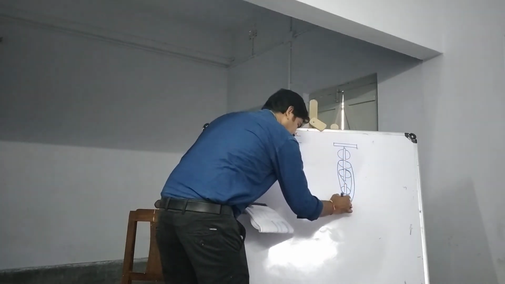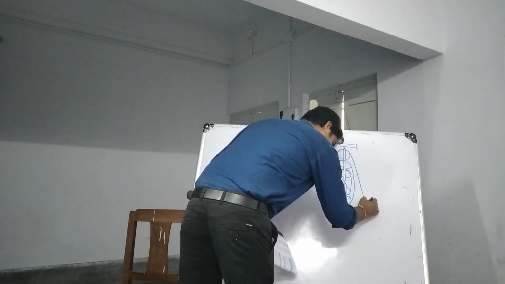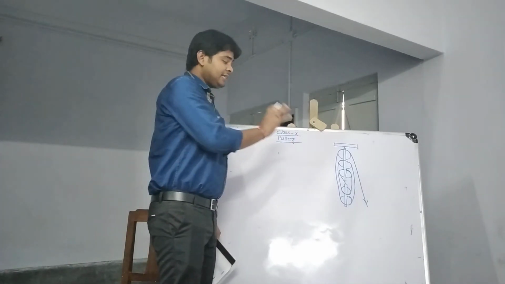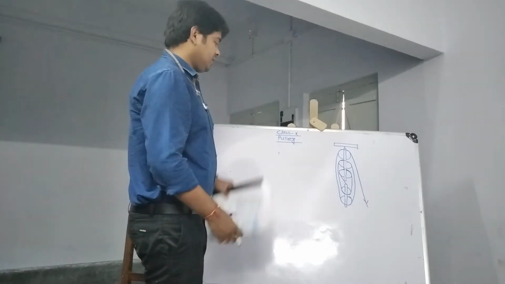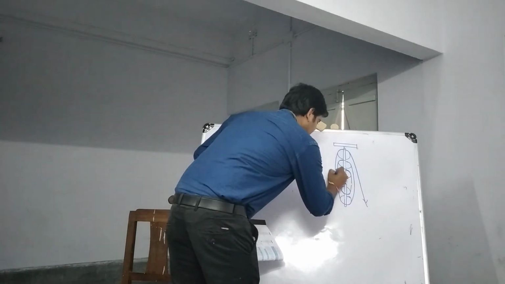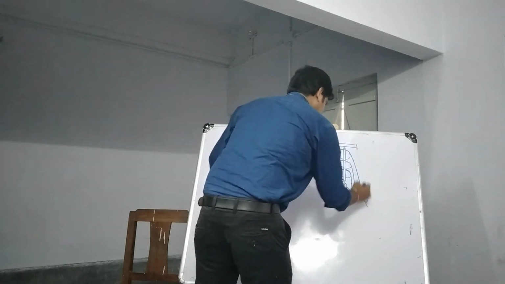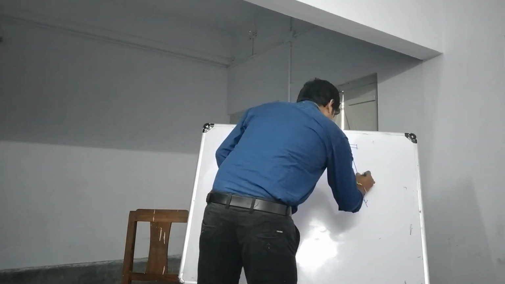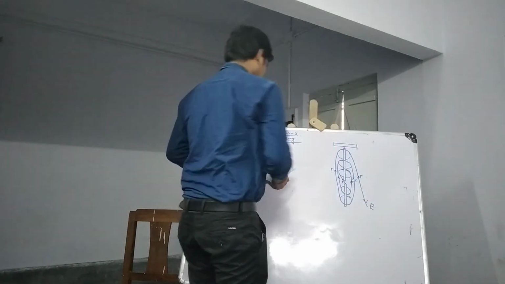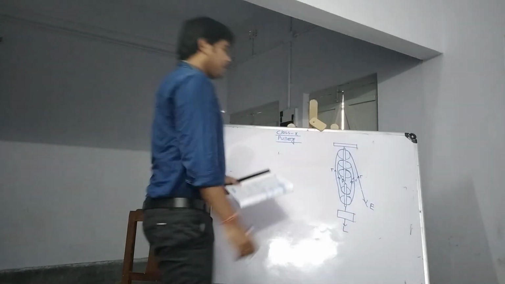We have to cover every pulley so that we can apply the effort in the downward direction. At every point there will be a tension T, T, T. Look here, the tension will also be here, T, T, T. Effort is applied here, and at this point we will apply the load.